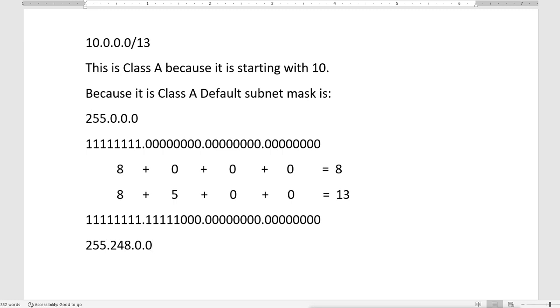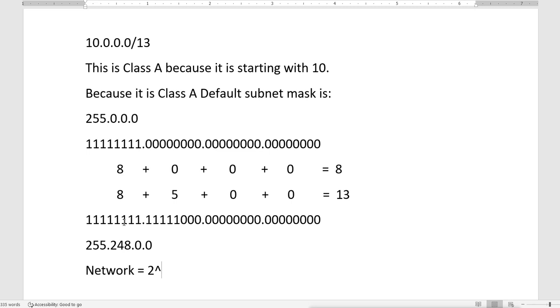Now we want to know how many networks and hosts we have. For networks, we say 2 raised to the number of extra enabled bits. After leaving the default 8 bits, because it is class A, we don't count that.